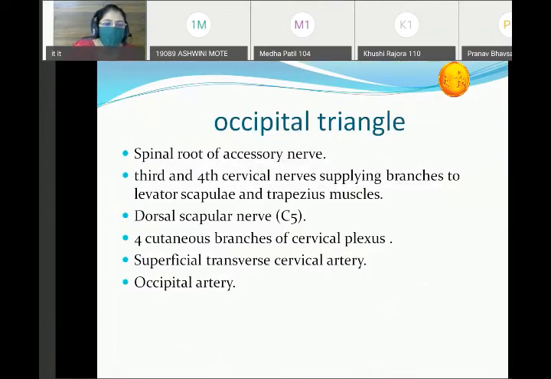Then third and fourth cervical nerve supplying the branches to the levator scapulae and the trapezius muscle. Dorsal scapular nerve which supplies the rhomboids as well as the levator scapulae. Then four cutaneous branches of the cervical plexus and superficial transverse cervical artery and the occipital artery.